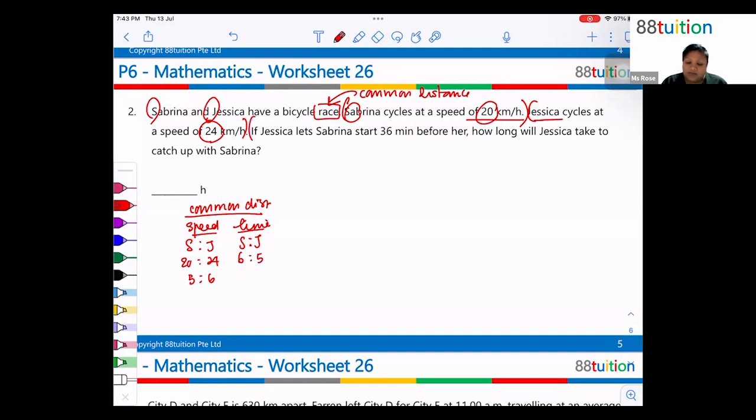Now, if Jessica let Sabrina start 36 minutes before her, wow, so kind. So this is the start time, the start point. Jessica let Sabrina start 36 minutes before her, and then she starts.